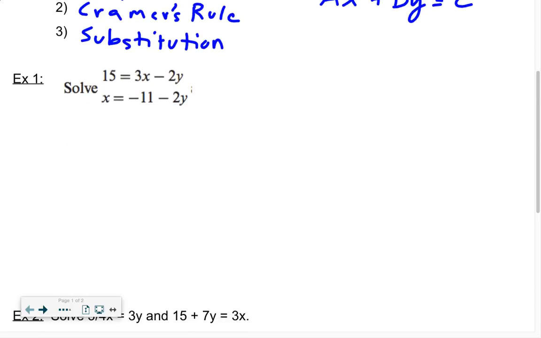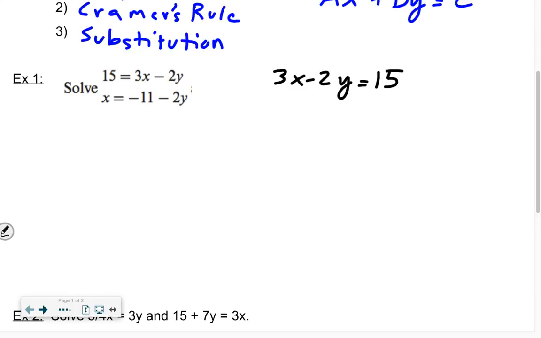If we look at example number 1, the very first equation, 15 is equal to 3x minus 2y. We have the variables on one side and the constant on the other. Well, let's just go ahead and flip this now. 3x minus 2y is going to be equal to 15. And notice equation number 2 has a little bit of work to do for us.